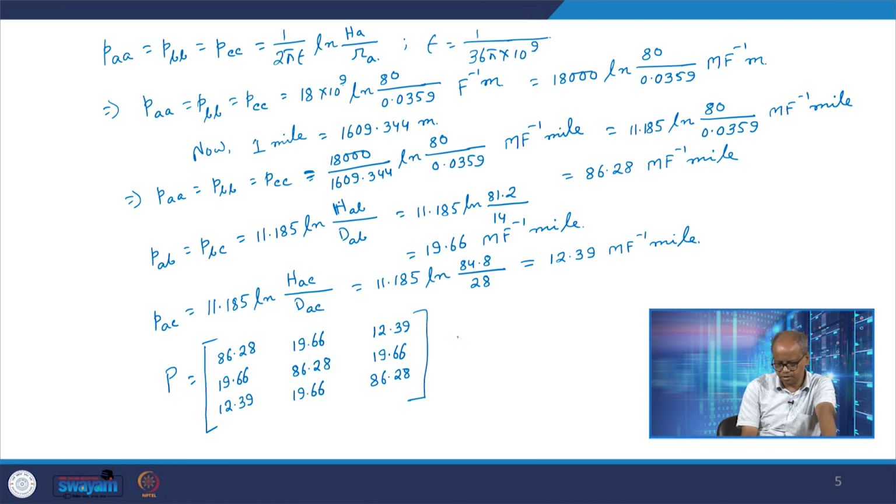So this is the P matrix and its unit is per mile.